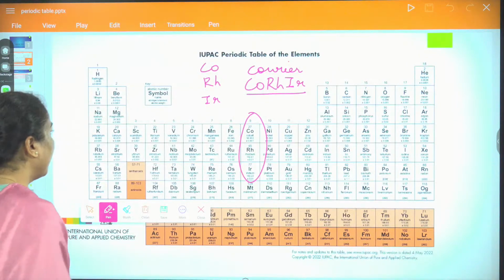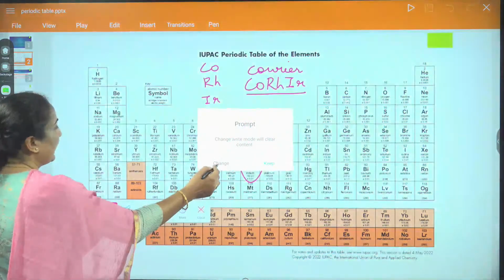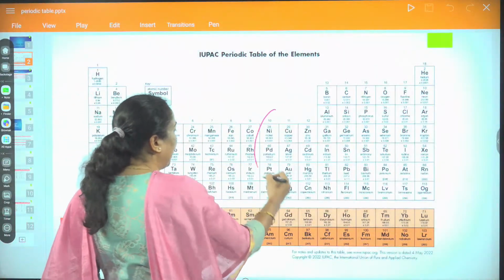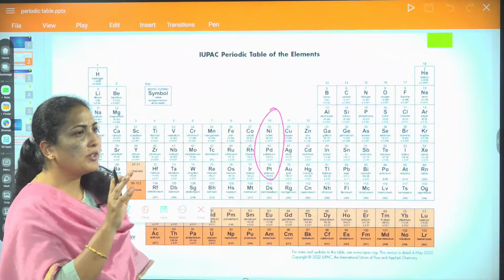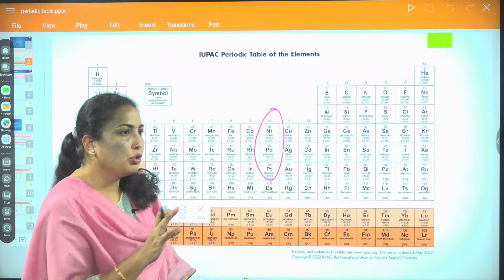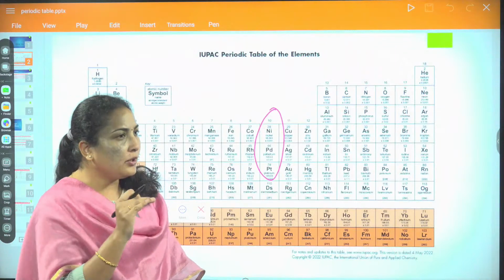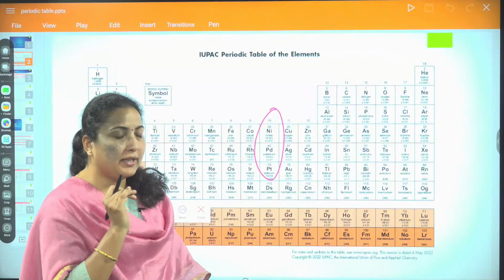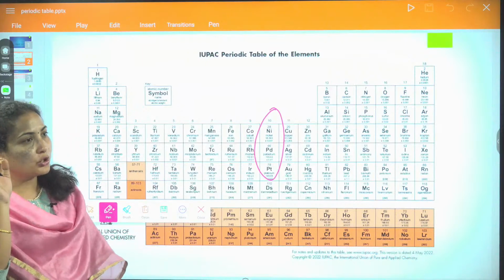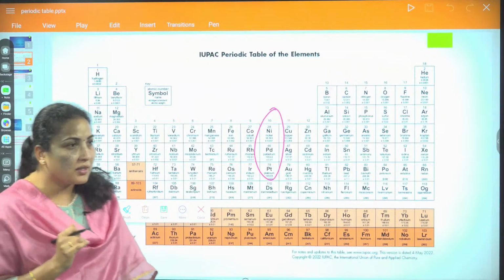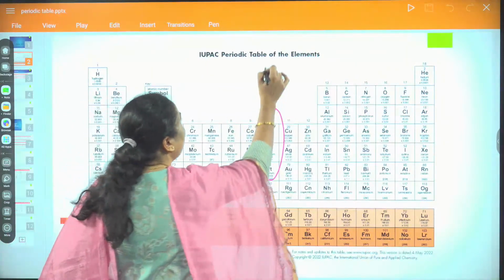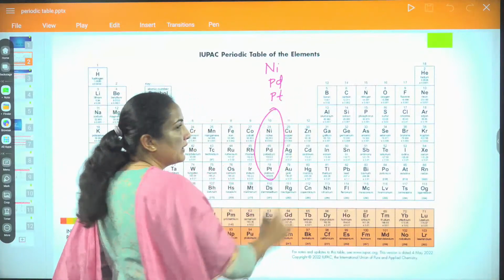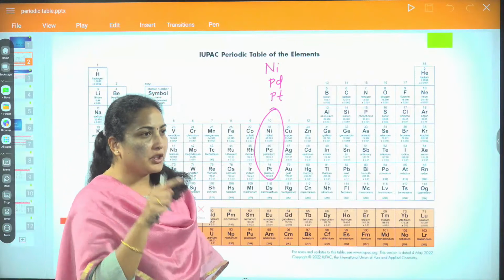Okay. Now, next is the one which is nickel, palladium, platinum. For this there is no specific mnemonic which you need to remember, because you already know that nickel, palladium, platinum are all catalysts, right? We already know that in the hydrogenation process they act like catalysts. You just pay attention to the alphabetic order, rest everything will find its own place. N and P, which comes earlier?